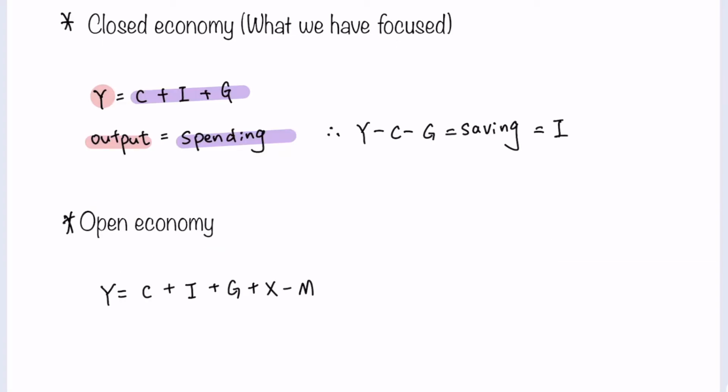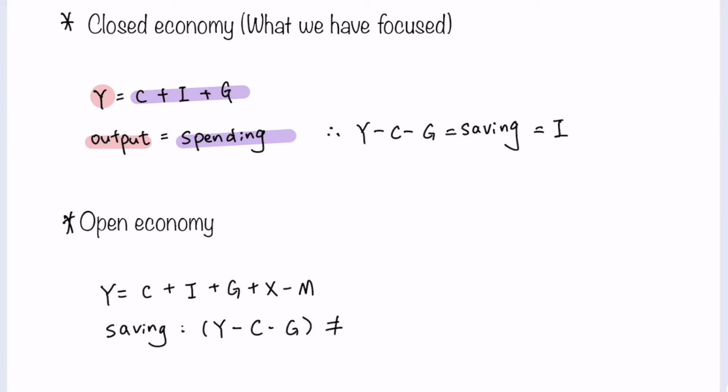When we are talking about the national income identity, we define the total output as equal to consumption plus investment plus government expenditure plus exports minus imports. Therefore, under this scenario, the total saving of the nation remains as the total amount of goods produced minus the private sector consumption and the government spending.